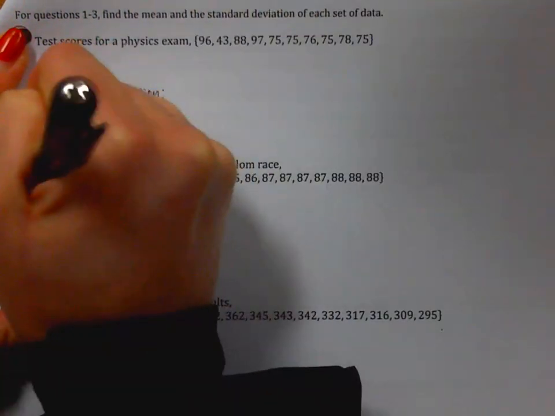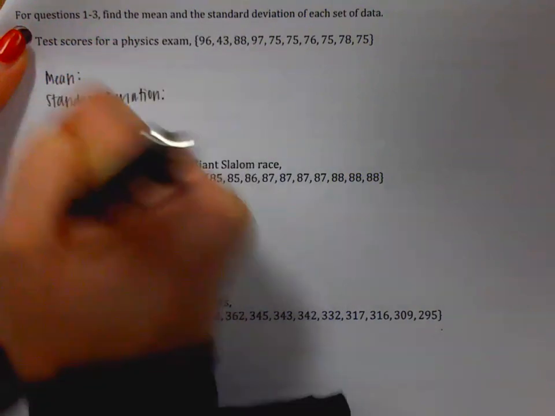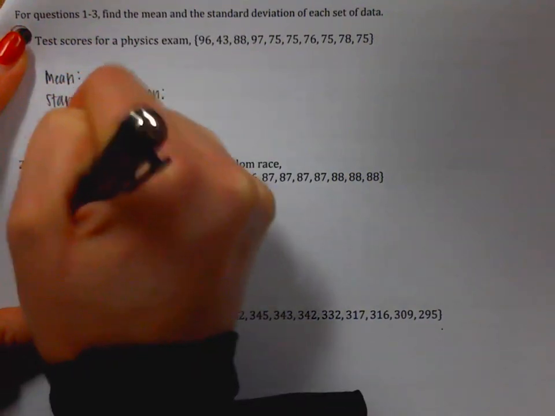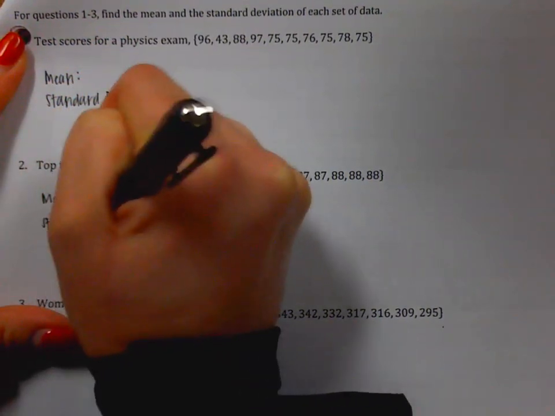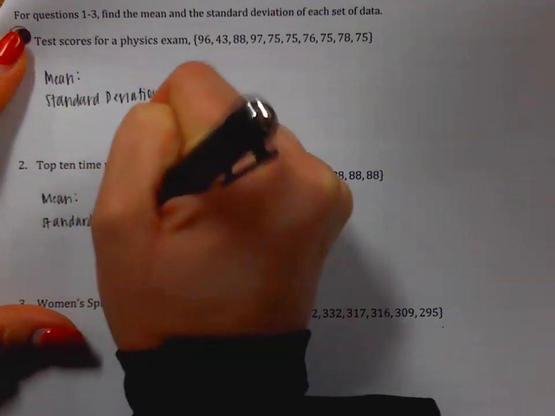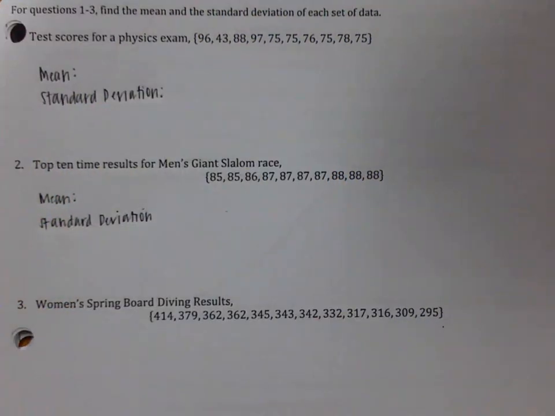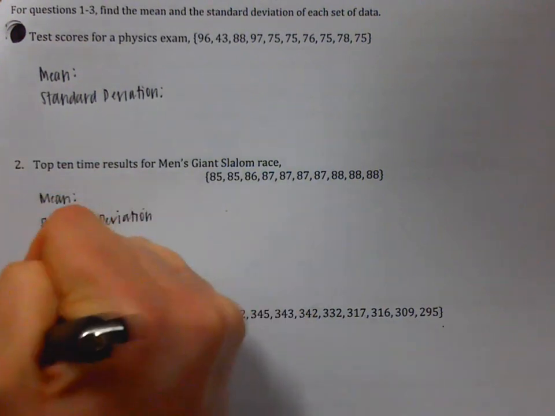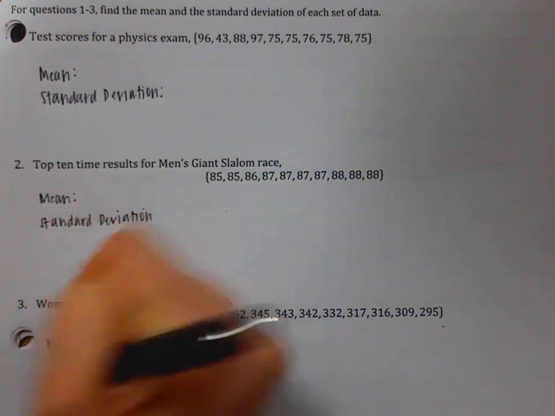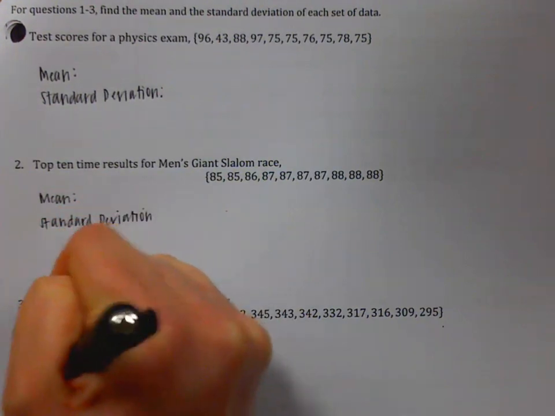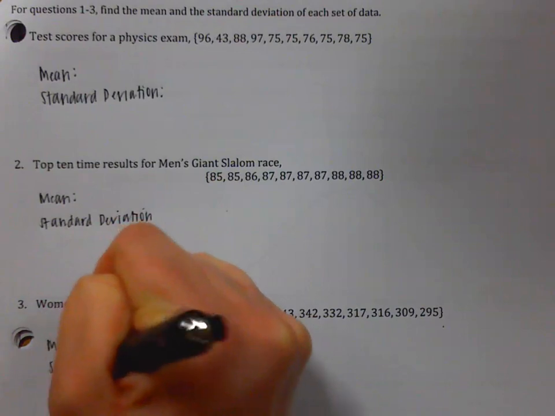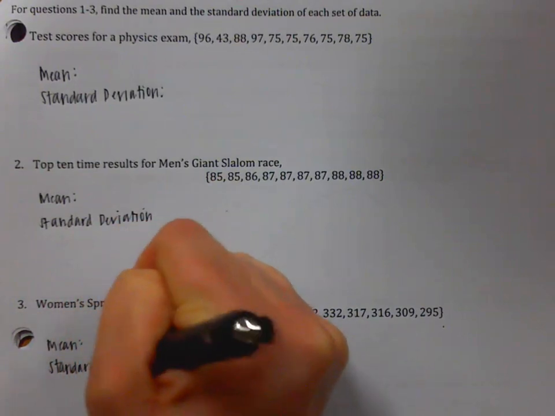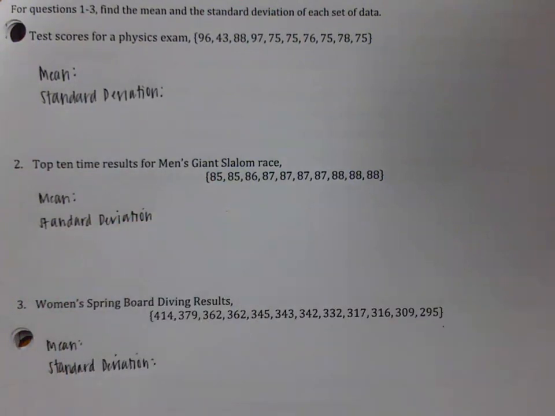I'm really not going to do much work here besides telling you what I got with my calculator. So I do want you to pause me at this point and do it on your own. Switch it back and forth with your partner if you need to, just so you all get that practice in. And then come back and check your work. Okay, so you should have paused me at this point.